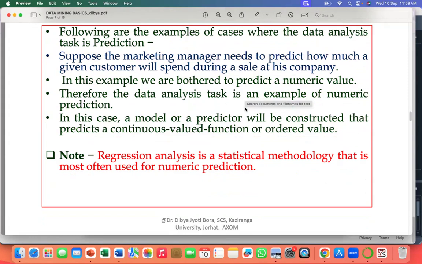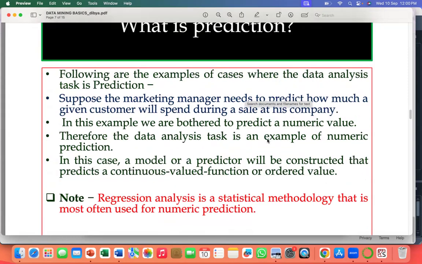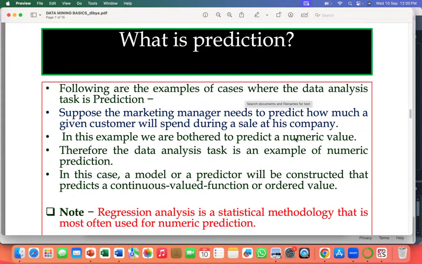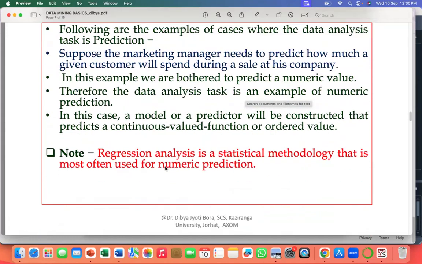And this data analysis task is an example of numeric prediction. We will construct a model, a predictor, that predicts a continuous-valued function or ordered value. So whatever prediction we are doing here, the outcome will be some numerical value, right?